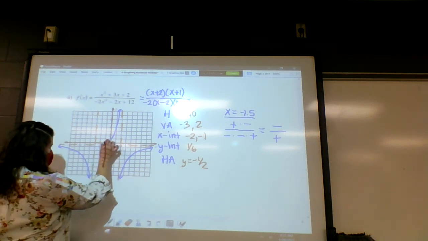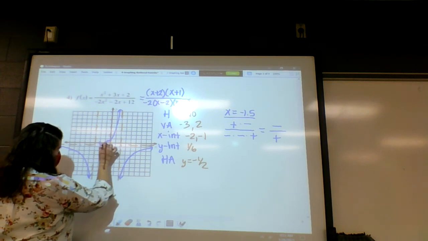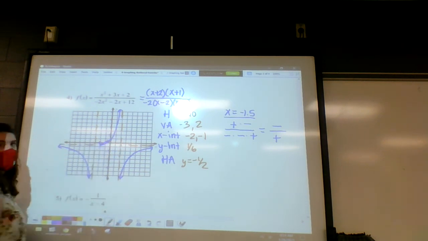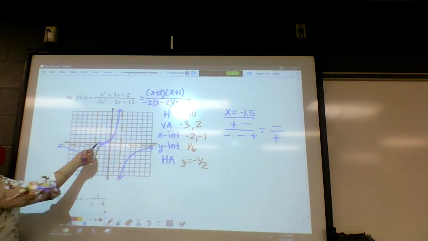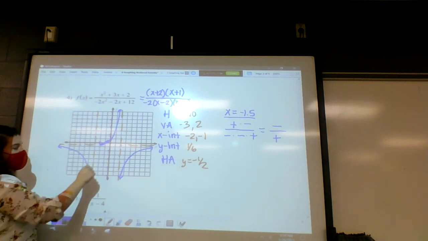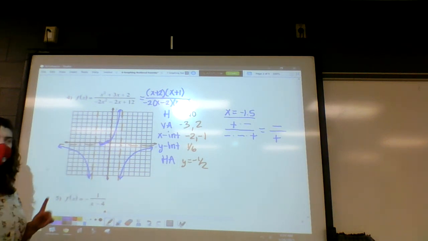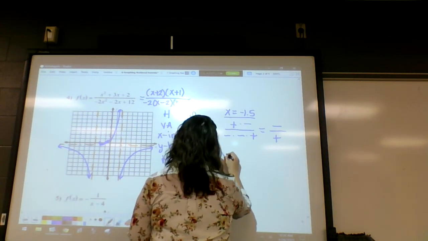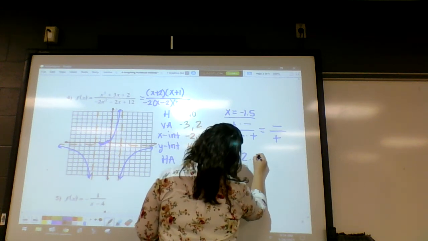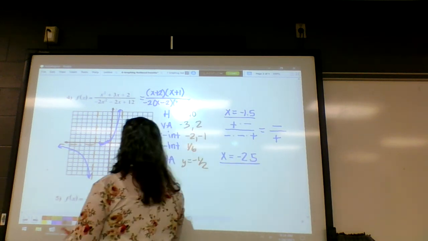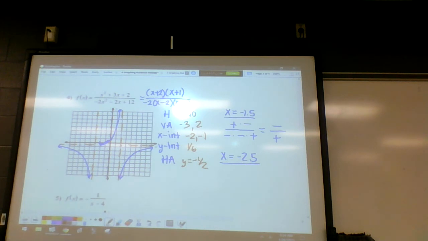That means it connects under this direction. So it goes below to connect. And then you do have to check from there in terms of the vertical asymptote. Is it going to go up or down? You have to check one more number just to make sure. So the best number there is negative 2.5. Check negative 2.5, decide if it goes up towards the vertical asymptote or down.